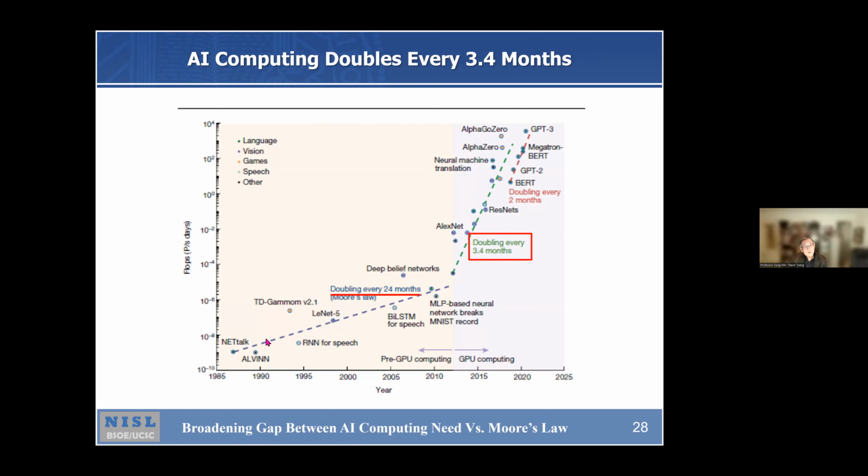Moore's law is doubling every 2 years, but AI computing need is doubling every 3.4 months. It's tremendous. So how can you solve this problem without hardware innovation? That's where we need more innovative devices, more innovative circuits, and more innovative systems to address these issues.